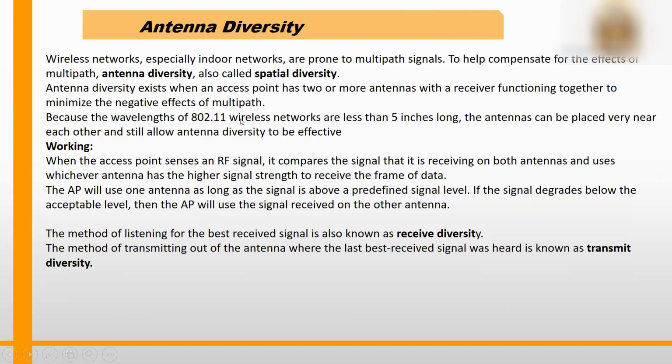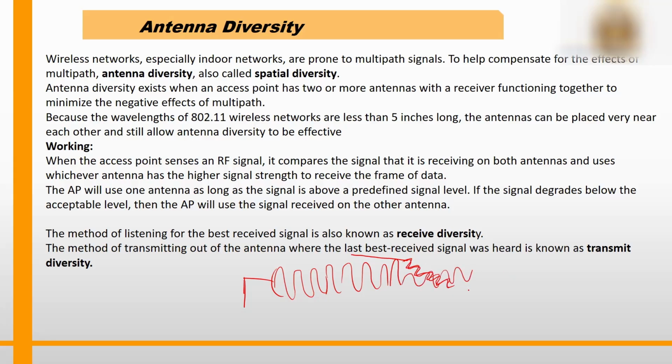For example, you have an antenna, and that particular antenna is going to send the radiation. But this signal gets hit by some object, and then it will deflect or reflect, and then it is going to send the signal.